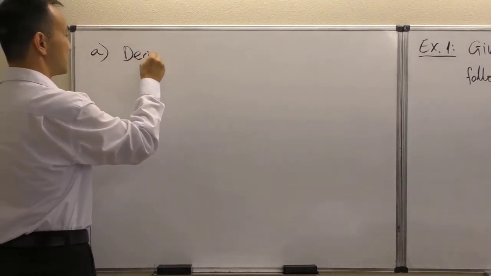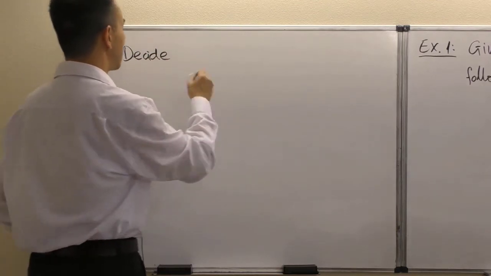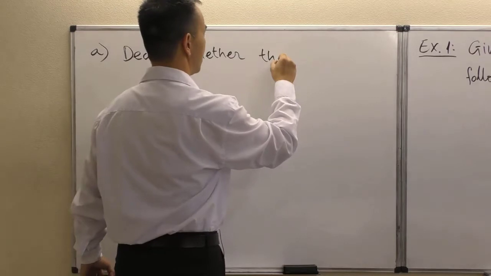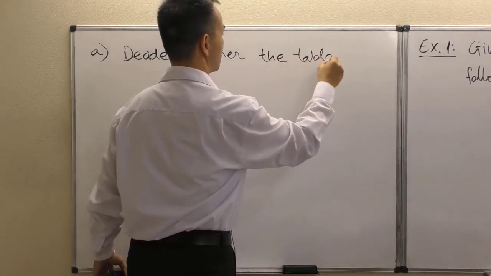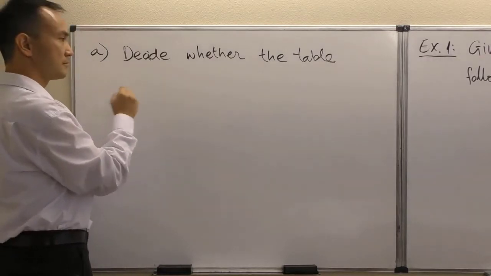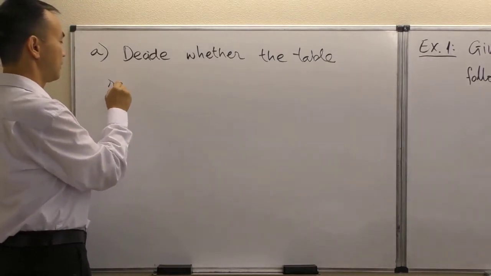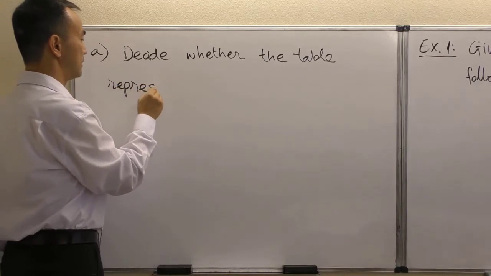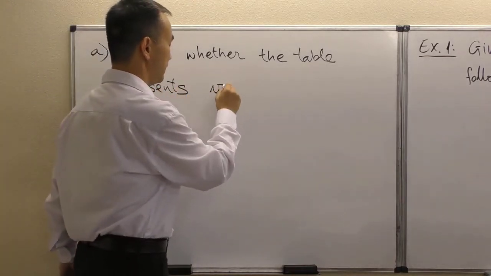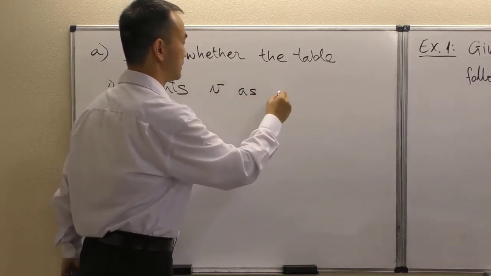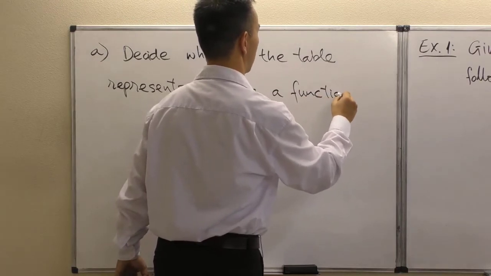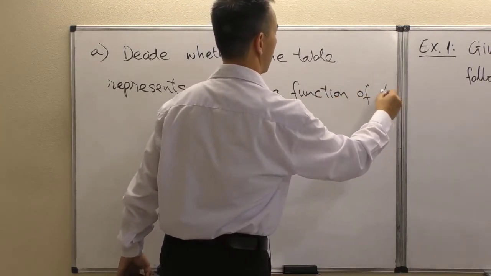Let's decide whether the table given earlier on the other board represents V as a function of t.